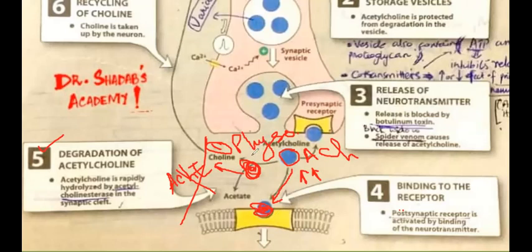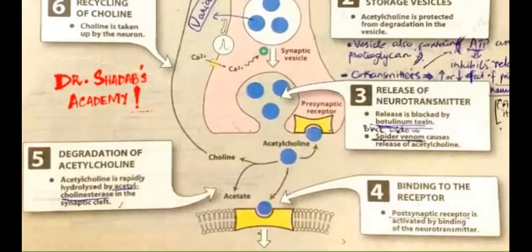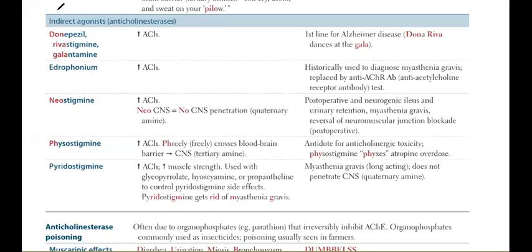Okay, so this is how they work. The indirect agonists are like guards. They serve as extra guards you're giving to your body, and they go and hold this enzyme for some time and let the acetylcholine do its work. So they are like guards. Okay, they don't hijack acetylcholine as the direct agonists do.